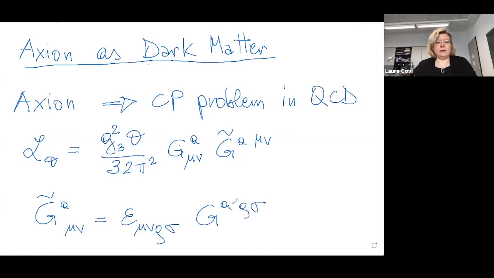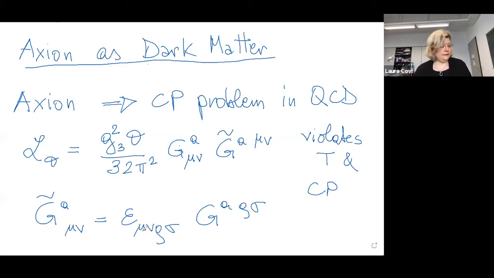Okay. So this term, you can see immediately, violates both the T symmetry and the CP symmetry. The fact that it violates T is probably most clearly seen because you have this epsilon tensor, where you have one temporal index, 0.